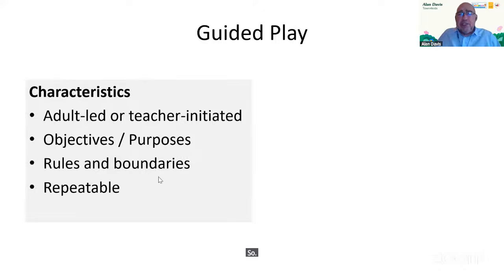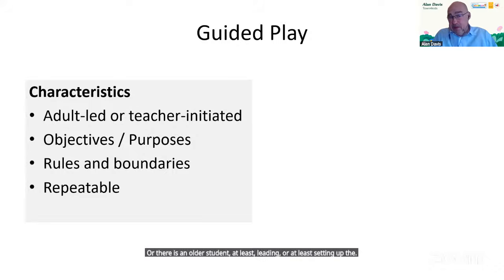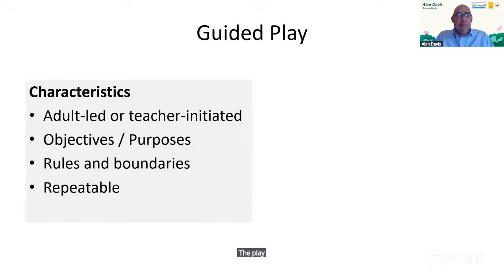So the characteristics of guided play are that there is an adult or an older student at least leading or at least setting up the play. Guided play has objectives and purposes. So if we're playing bingo, we want to get X, X, X, X, X, right? In diagonal or across.